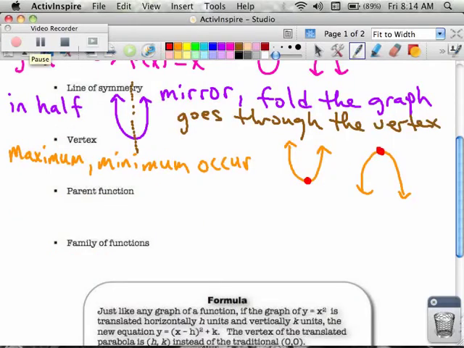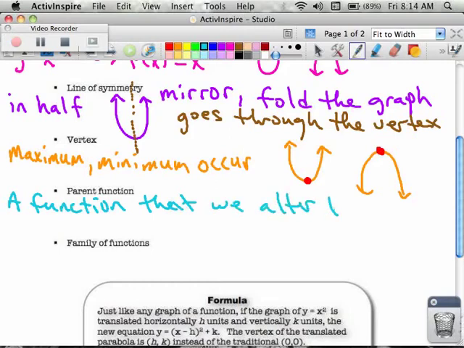Okay, so a parent function is a function that we alter to transform it.